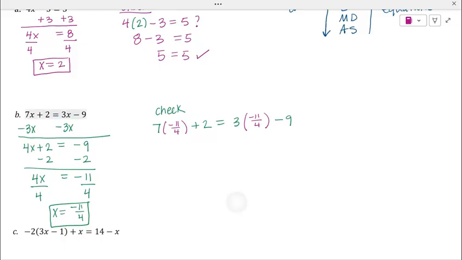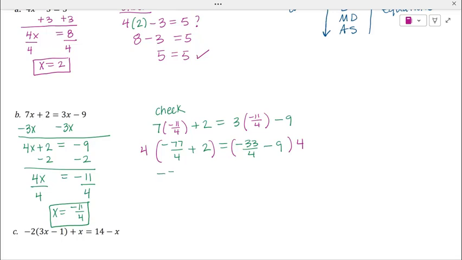So this will be negative 77 over 4, and then negative 33 over 4. Whenever I have an equation with fractions, I want to multiply by the denominators that I see to clear those fractions. So I'm going to multiply both sides of this equation by 4.